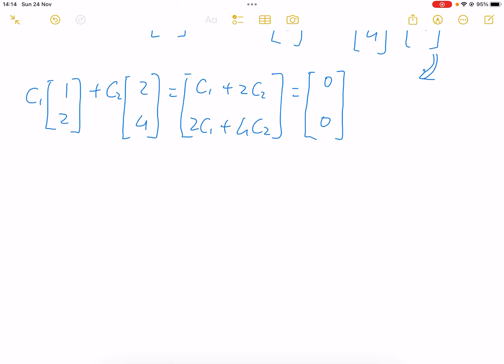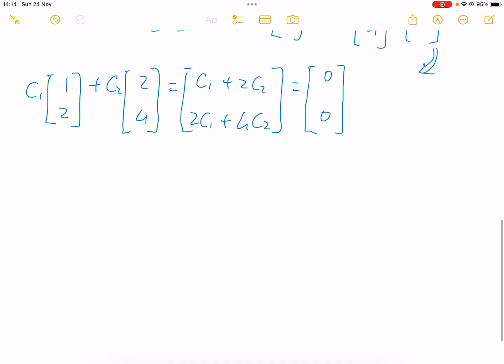This gives us the system of equations: C1 plus 2C2 equals 0 and 2C1 plus 4C2 equals 0.